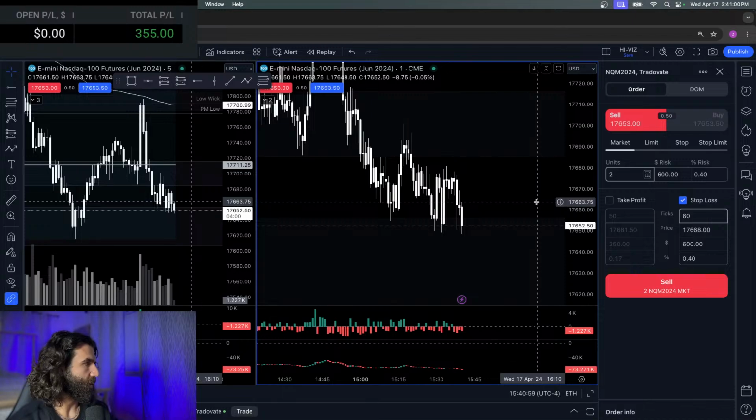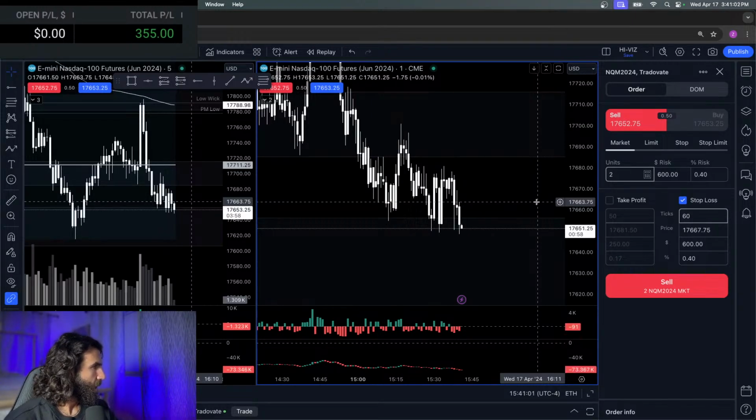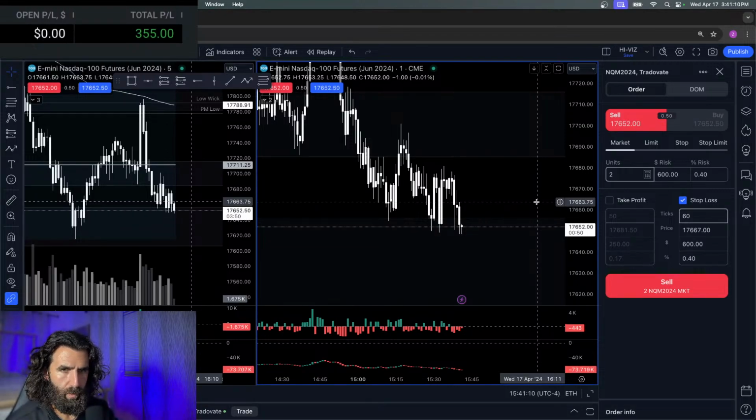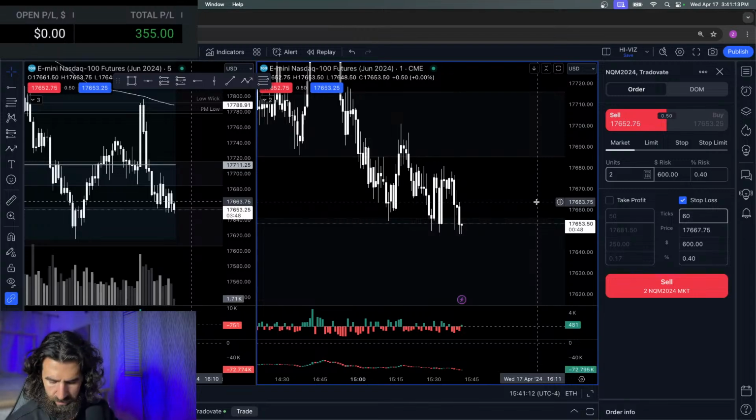Overlapping price action. FOMC might play a role in that. Who knows? We shall see, man. We shall see.